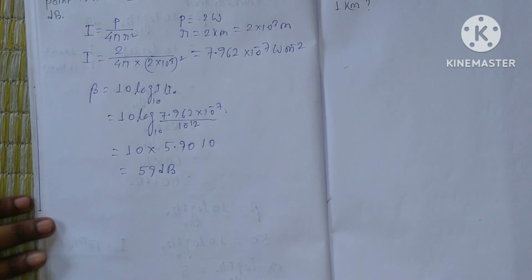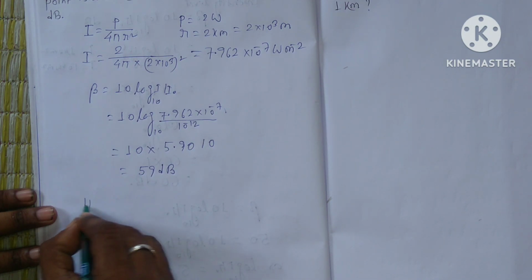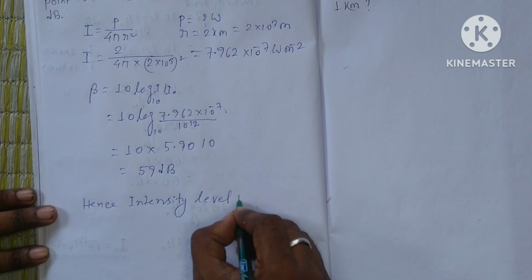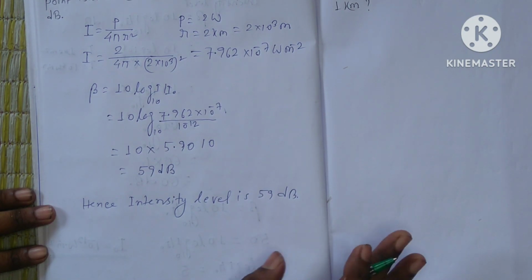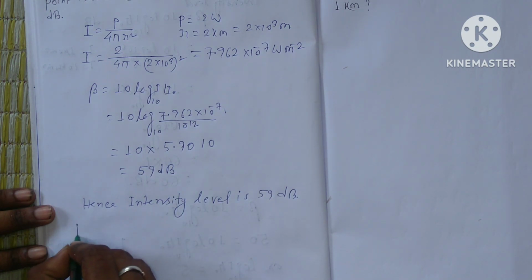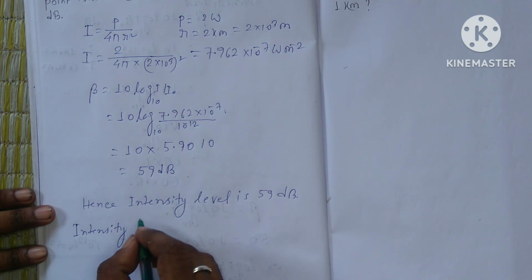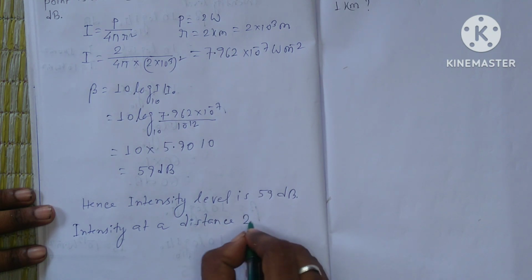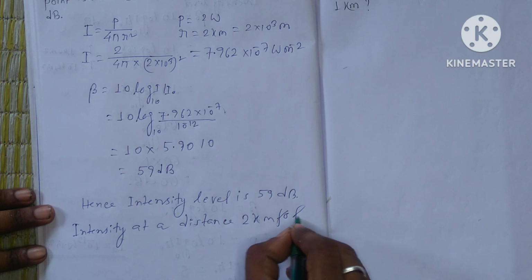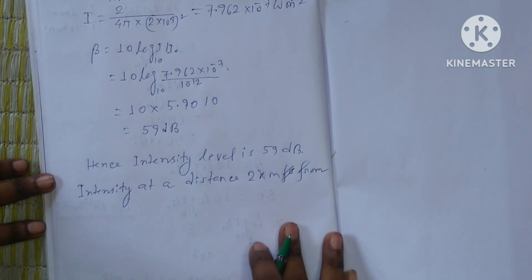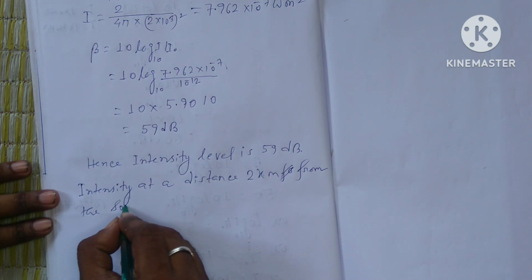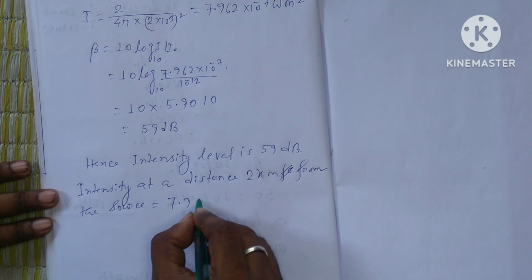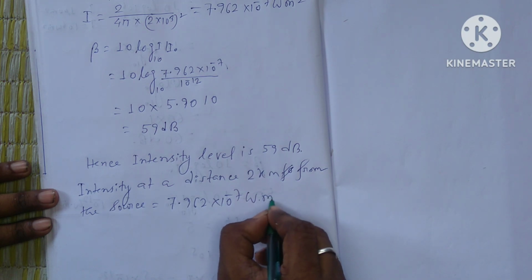So hence the intensity level is 59 dB. This is the second part, and the first part, that is the intensity at a distance 2 kilometer from the source, is 7.962 into 10 to the power minus 7 watt meter to the power minus 2.